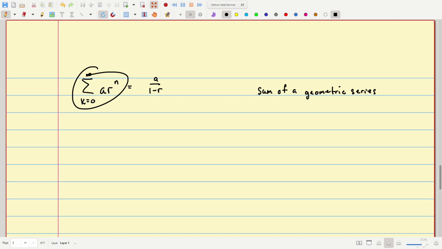This version is slightly different than the version that we had written on the other page. The other one started at 1. This one starts at 0. And then also, I should have written a k here. So there's a slightly different version of this that you'll see that starts at 1. If this starts at 1, this will be k minus 1. But it's the same expression. Okay.